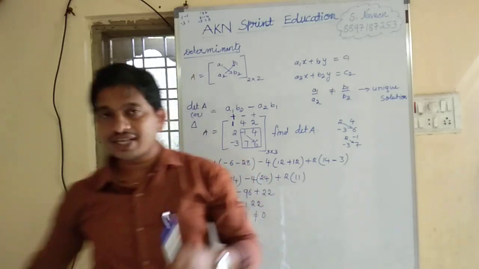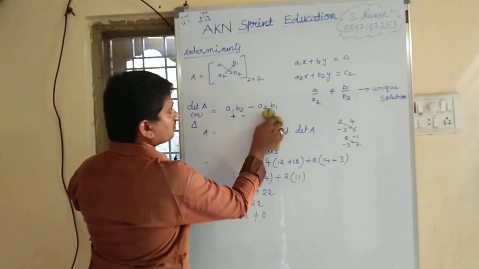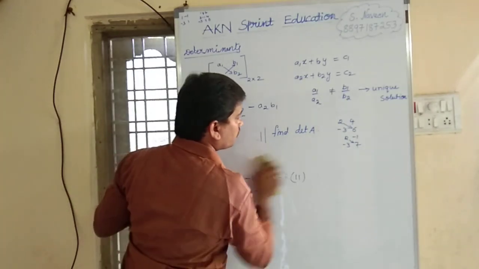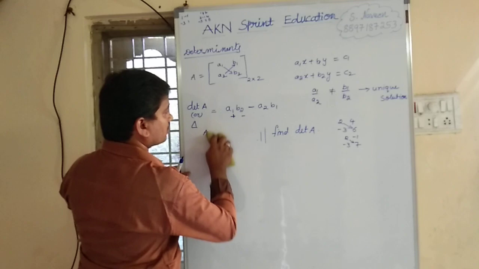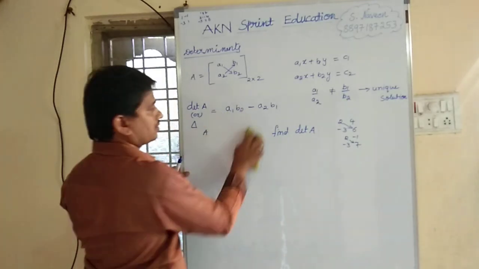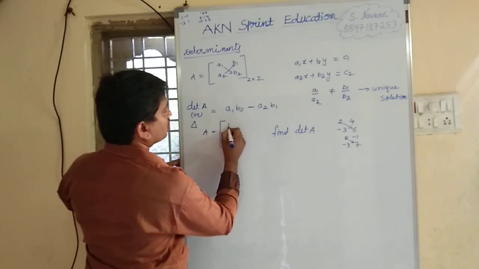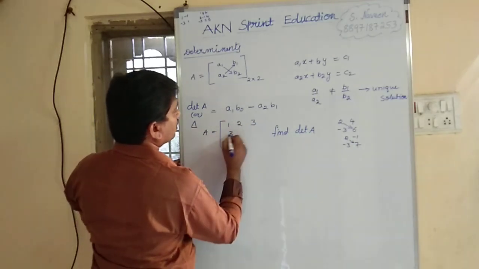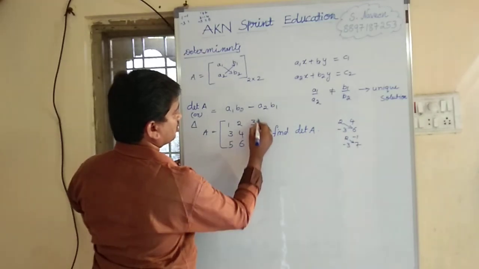Children, if you want one more example, let us discuss one more example. How to find the determinant of a 3 by 3 matrix. A equal to 1, 2, 3, 3, 4, 5, 5, 6, 7.